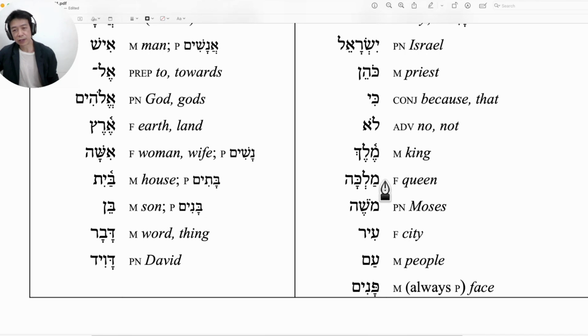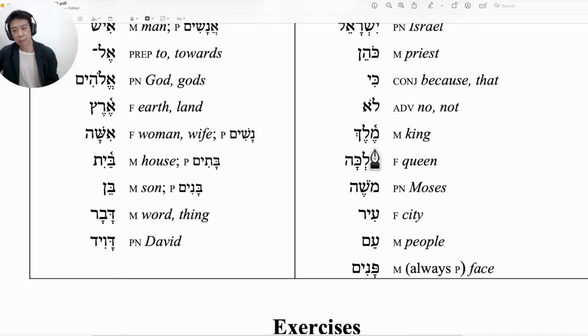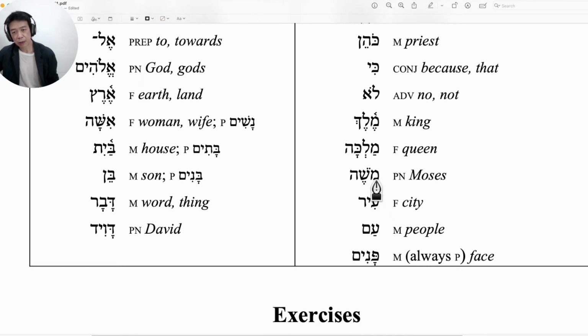The next word is melech. It means king. The next one is Malka. It means queen. The next word is Moshe. It means Moses.